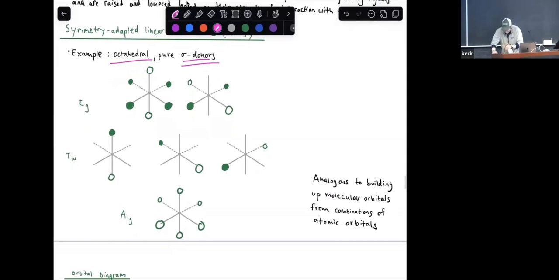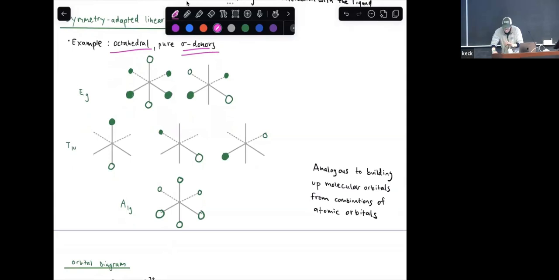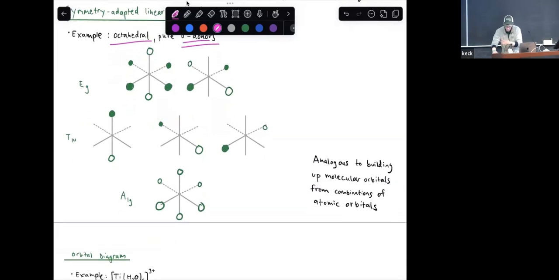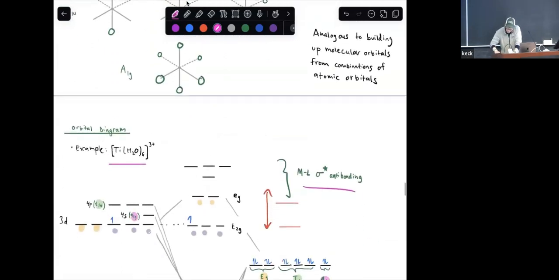If this feels unfamiliar, just lean back on your familiarity with MO theory and think, okay, combinations of atomic orbitals get molecular orbitals. This is a combination of ligands approximated as sigma bonding interactions, giving symmetry adapted linear combinations.